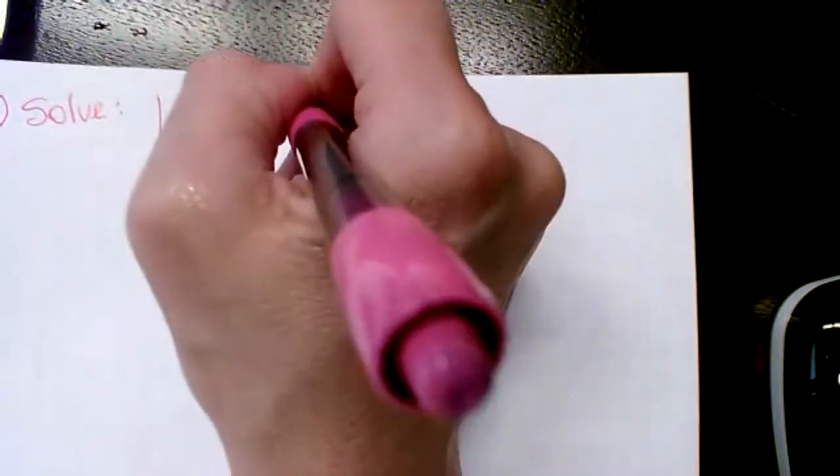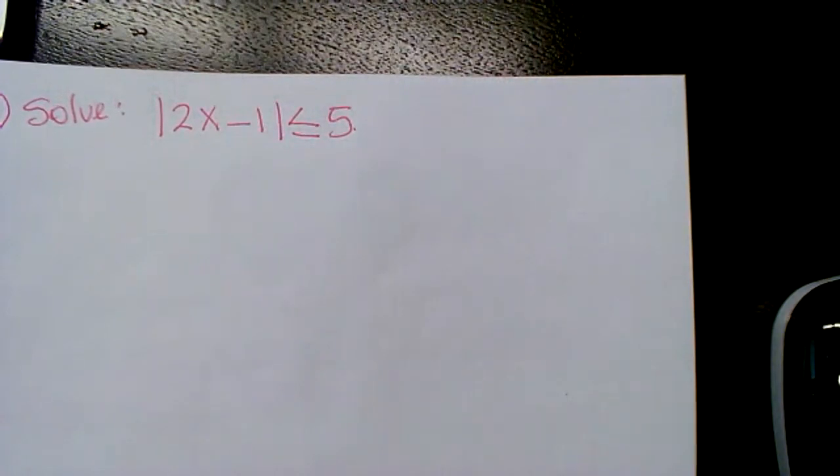Let's solve this one. We have the absolute value of 2x minus 1 less than or equal to 5.